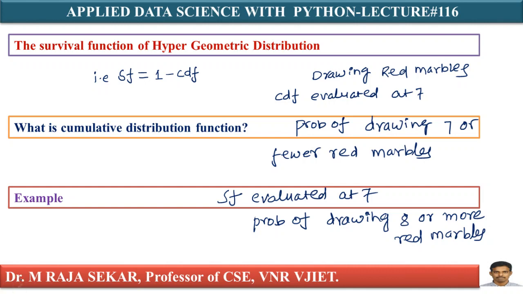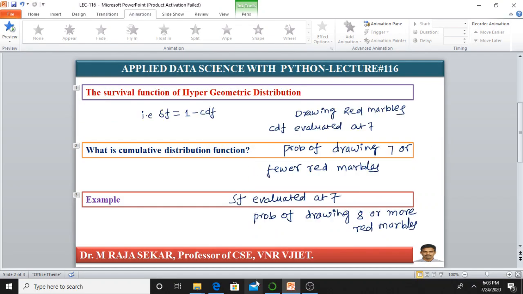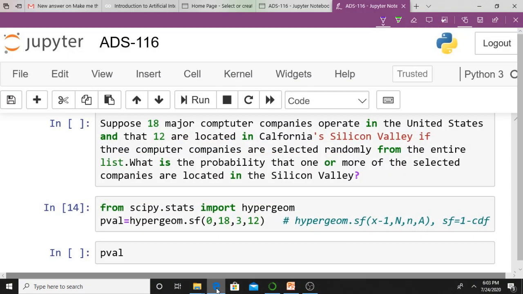Anyway, we will try to understand this with the help of Jupyter Notebook. Let me go to my Jupyter Notebook. We will understand with one simple example. Suppose 18 major computer companies operated in the United States and that 12 are located in California, in Silicon Valley.